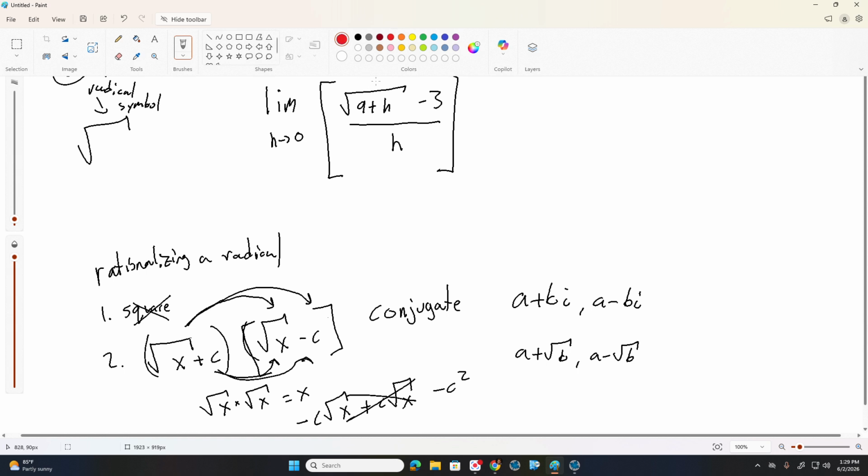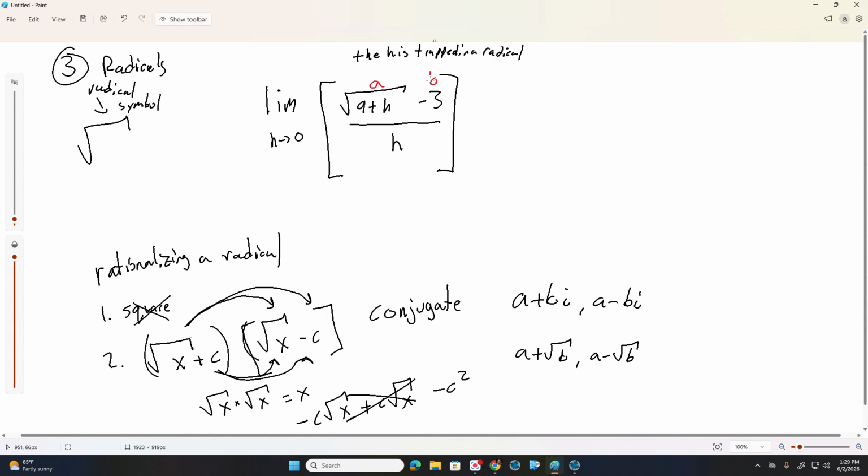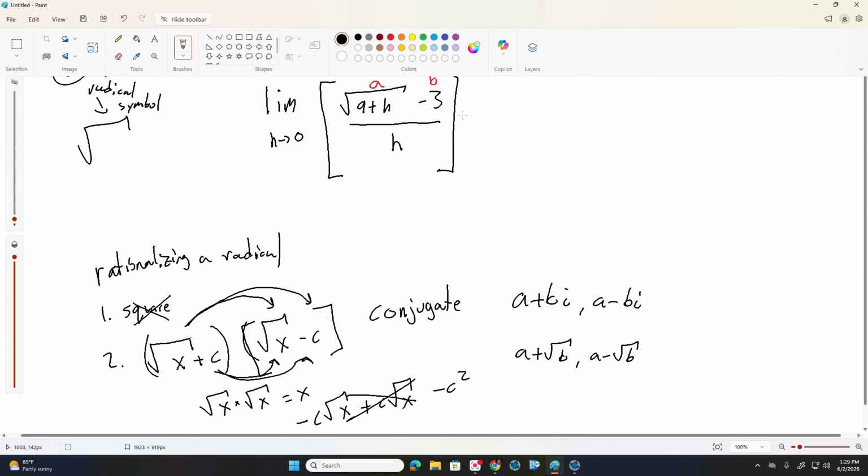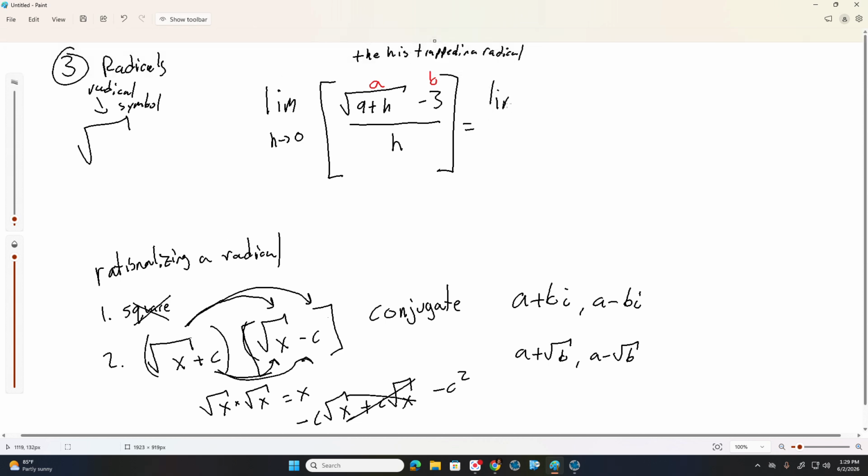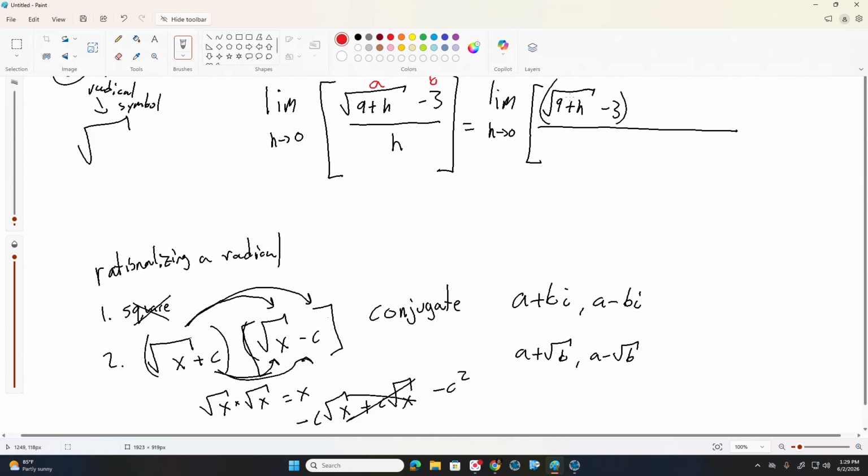Well, if we call this thing a and this thing b, I'm going to rewrite this limit as h approaches 0 of the square root of 9 plus h minus 3, times, if that's a minus b, I want to do the a plus b.